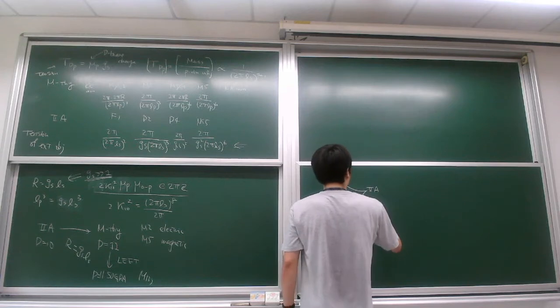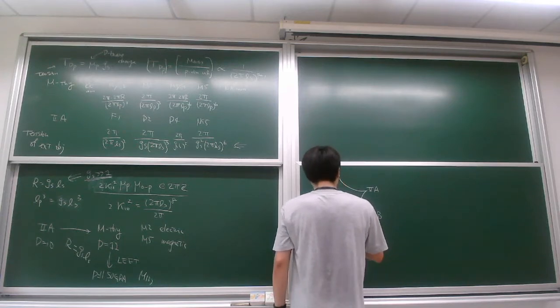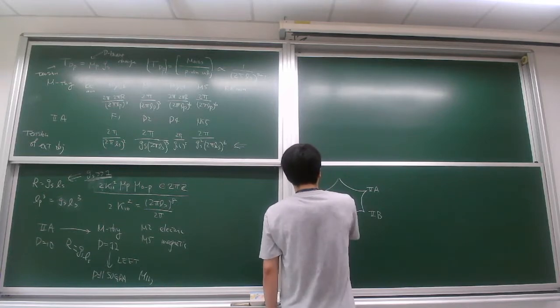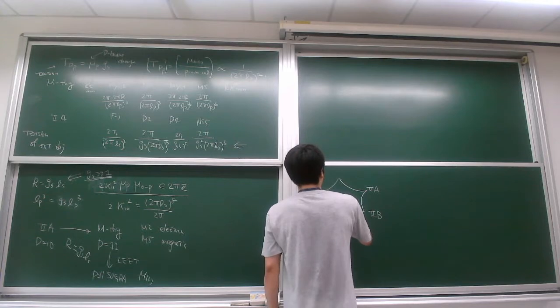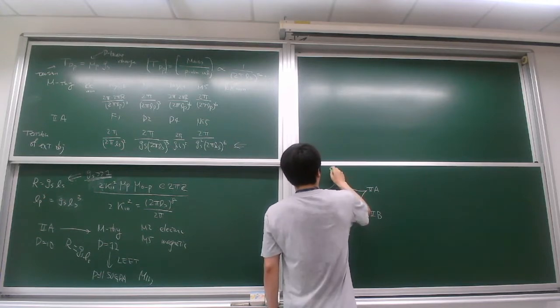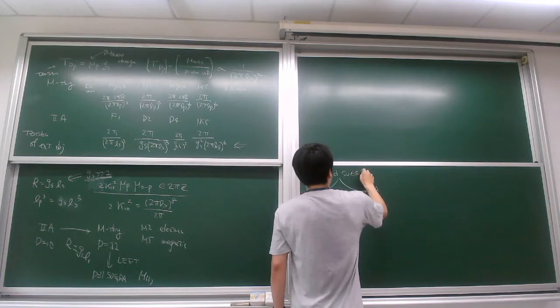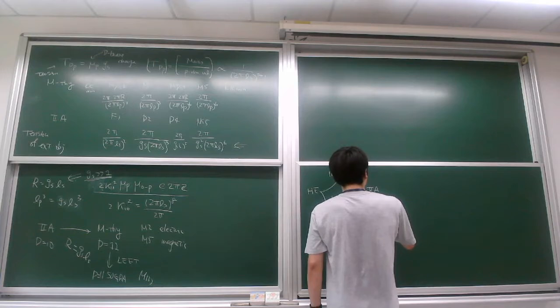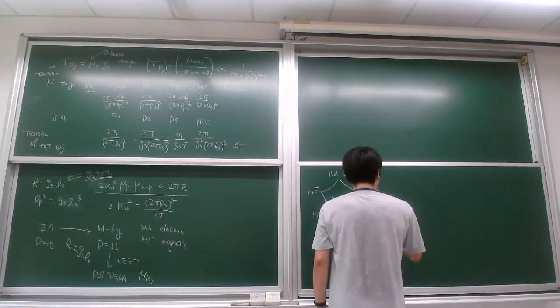Type 2A, 2B, type 1, and then what we are doing is the heterotic O, heterotic E, M-theory, 11D supergravity. And we know this one is T-duality, and this enjoys S-duality.